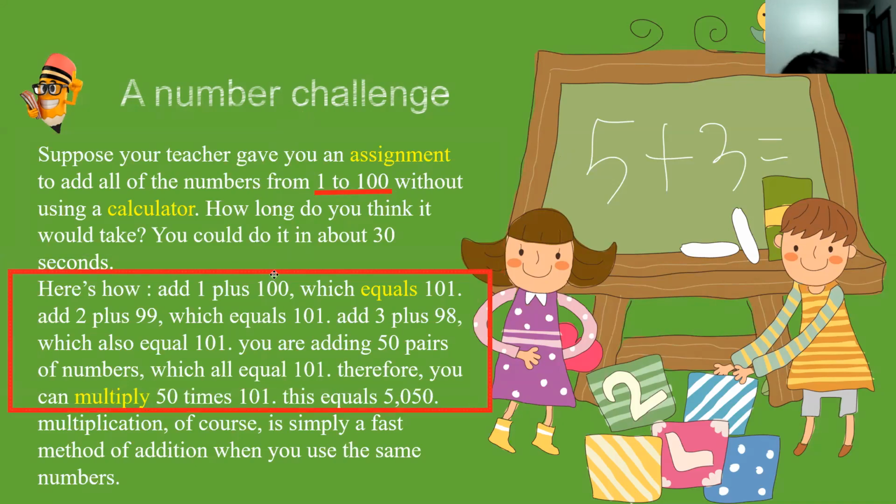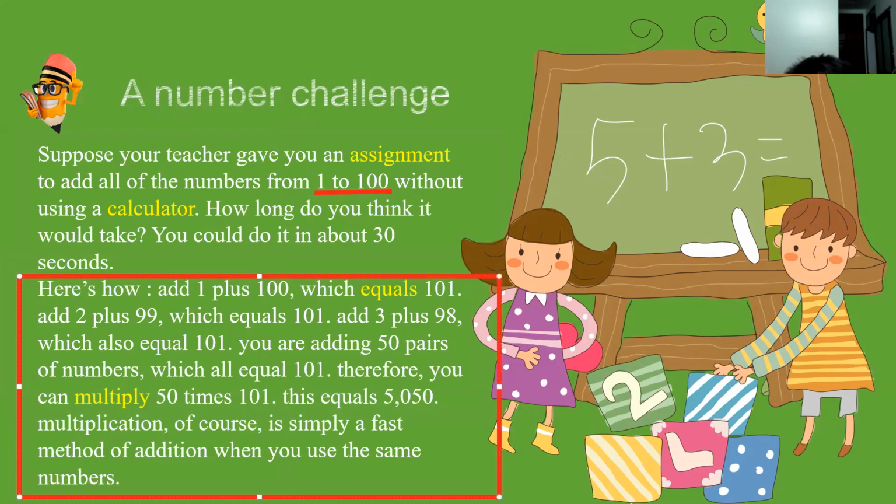Here's how. Add 1 plus 100. What's the answer? 1 plus 100 equals 101. All right. And then add 2 plus 99, which also equals 101.